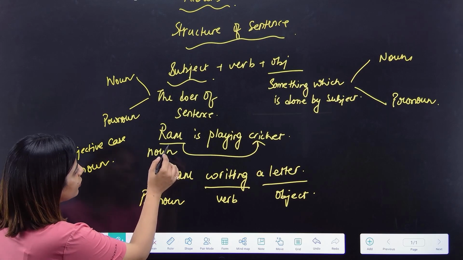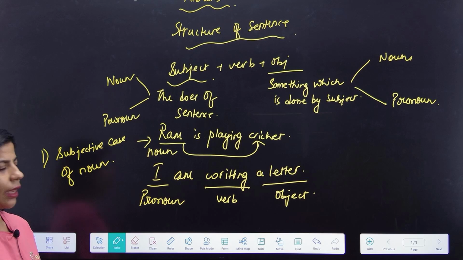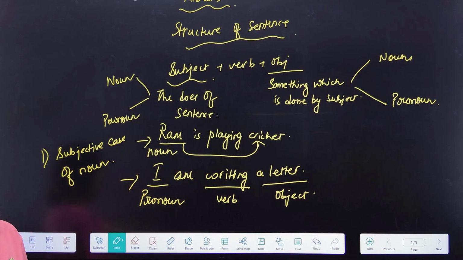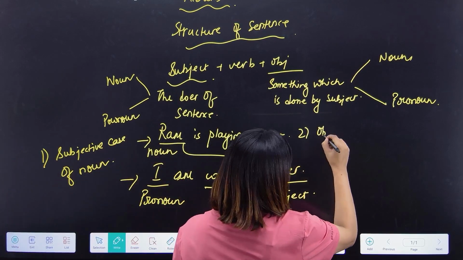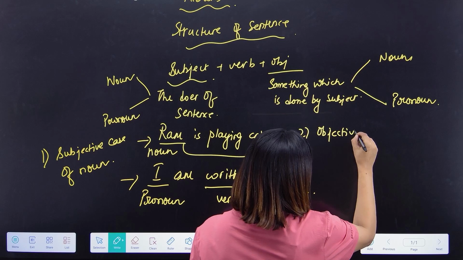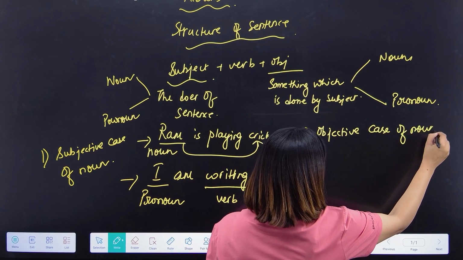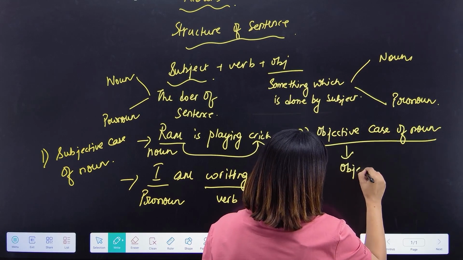So here the subjective case of noun is Ram. In this, the subjective case of the noun is I, and the second case is objective case of noun. So the objective case of noun is nothing else but the object.